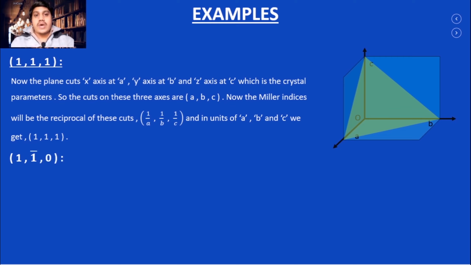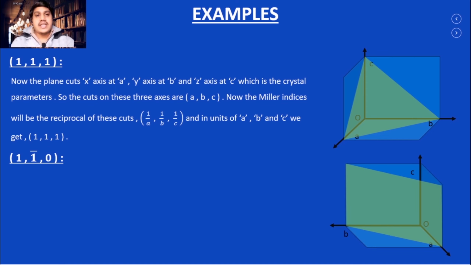Another example, 1, 1 bar, 0. As you can see, here the plane has a cut with the x-axis, but it doesn't cut the positive y-axis. It has a cut with the negative y-axis. So it cuts the y-axis at minus B and doesn't have any cut with the z-axis.